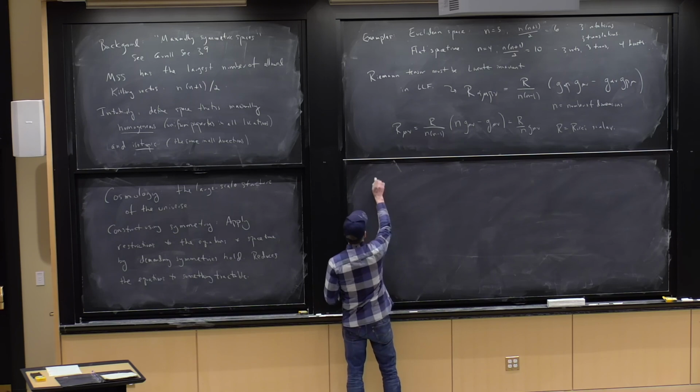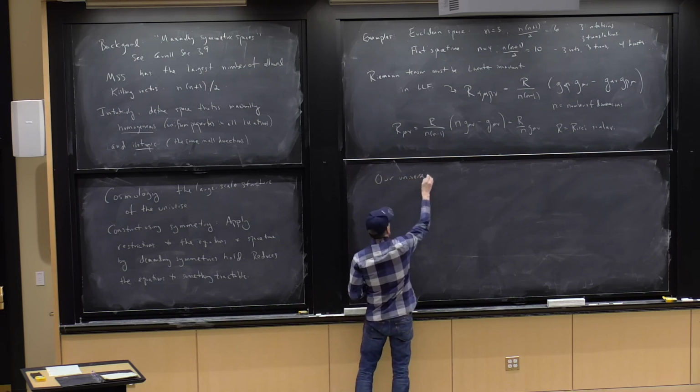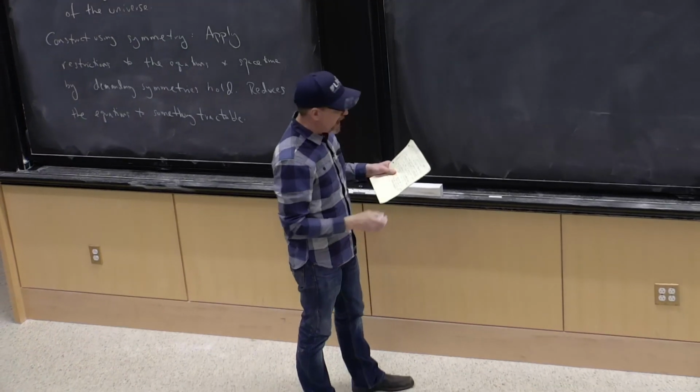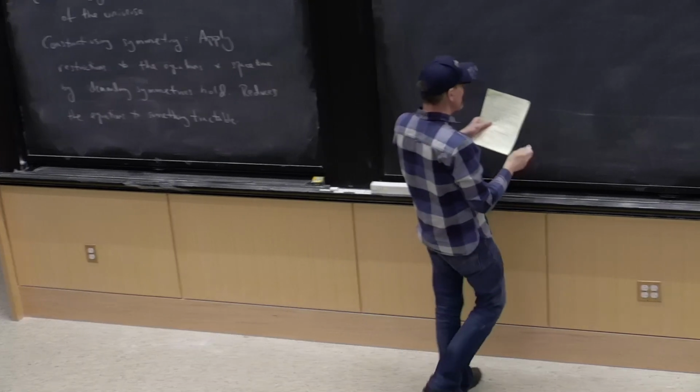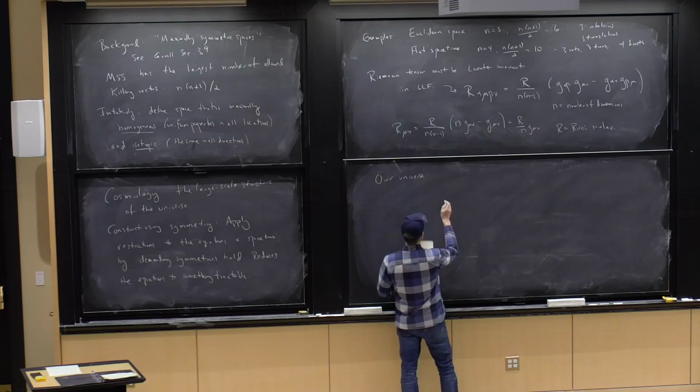So, our universe. How am I going to tie all this together? We begin with the observation that our universe is, in fact, homogeneous and isotropic on large spatial scales.